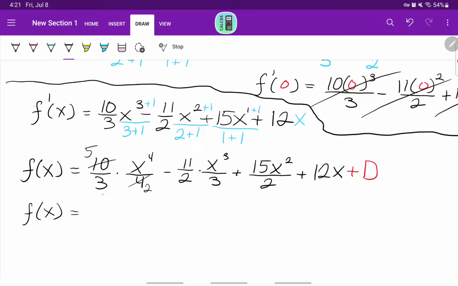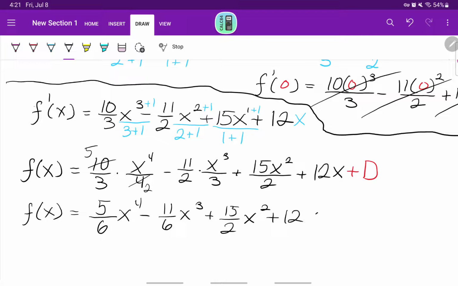So here we're going to have 5 over 3 times 2, that's 6, x to the 4th. Minus 11 over 6 x to the 3rd. Plus 15 over 2 x squared. Plus 12x. Plus d.